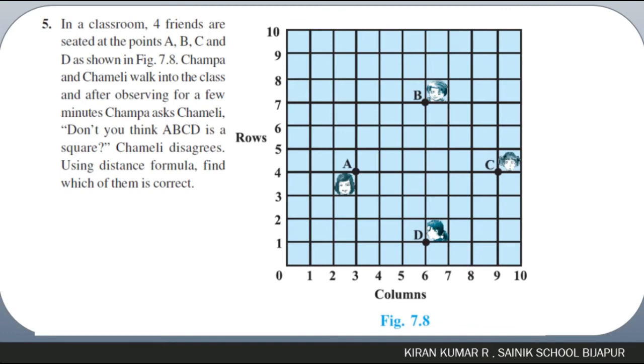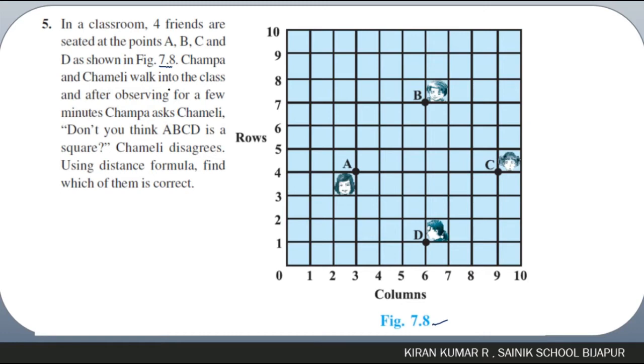Question 5. In a classroom, 4 friends are seated at points A, B, C and D as shown in figure 7.8. These are the points representing the 4 students or 4 friends.